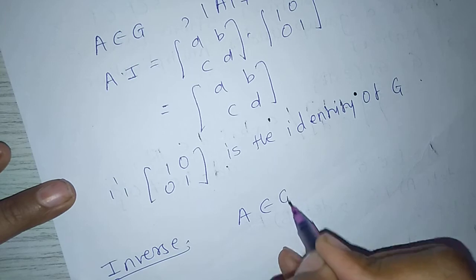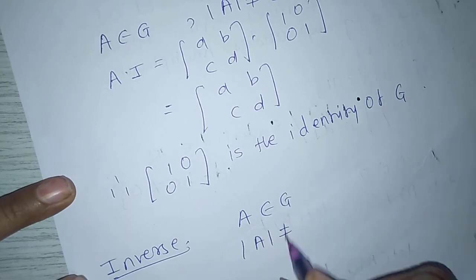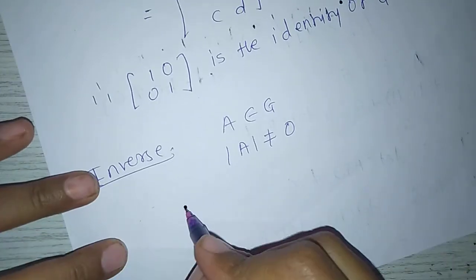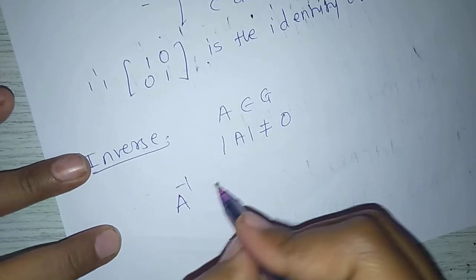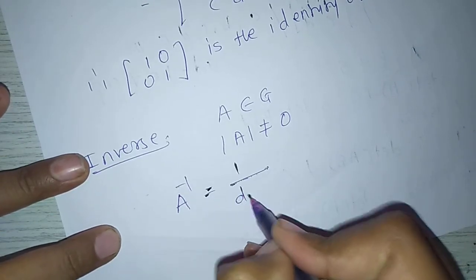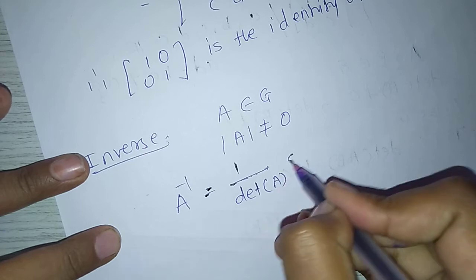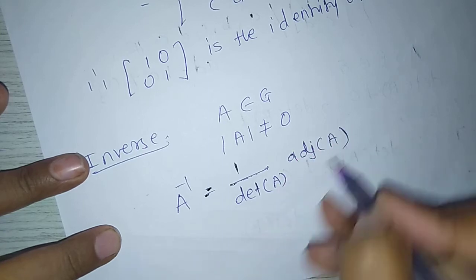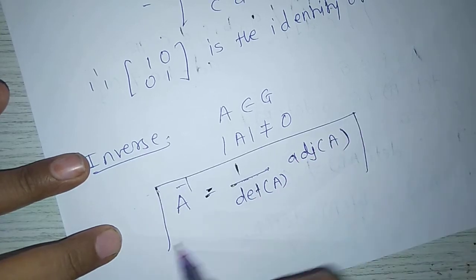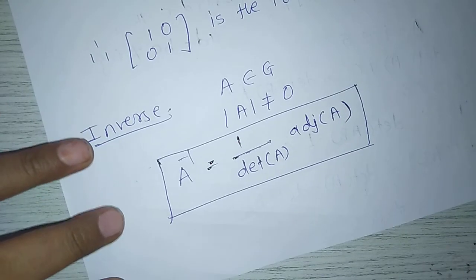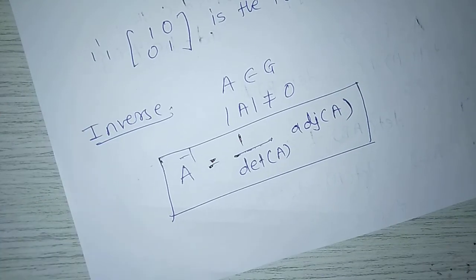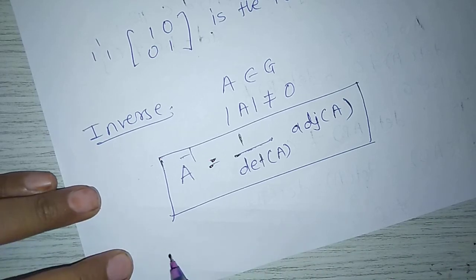Now for inverse, A belongs to G means determinant of A is not equal to 0. We know the formula A inverse = 1/determinant of A into adjoint of A, meaning A inverse exists for every A. Now here we have to only show that determinant of A inverse is not equal to 0.